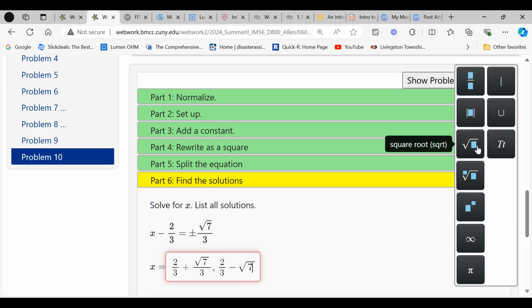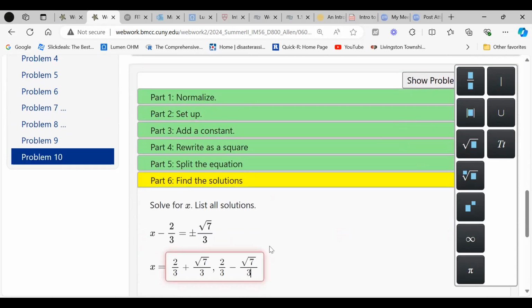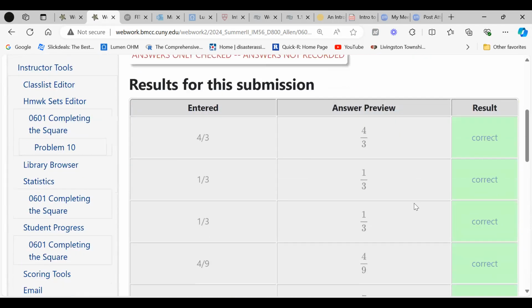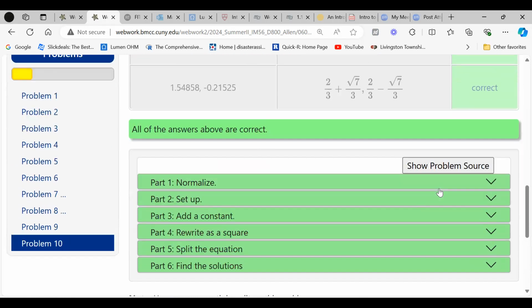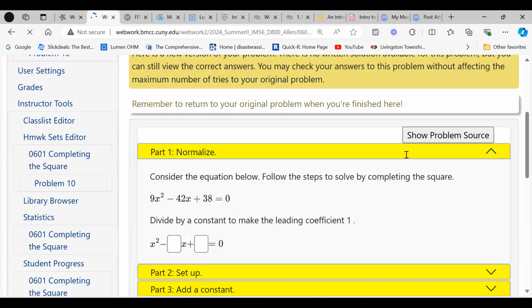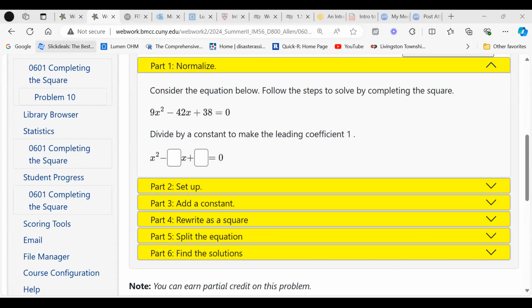Square root of 7 over 3. Okay, that should be good. Square root only applies to 7. All right, now it's all good. So you guys try another one. Similar. Divide everything by 9 first. And go from there.